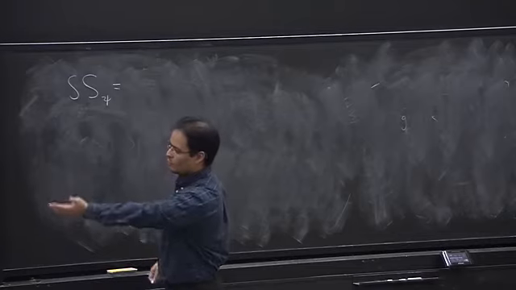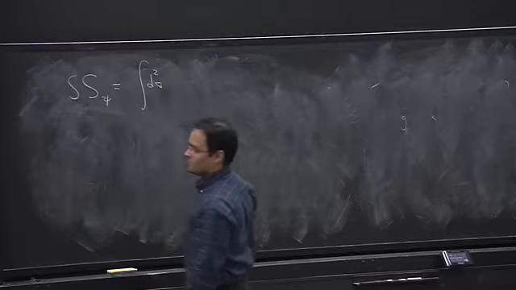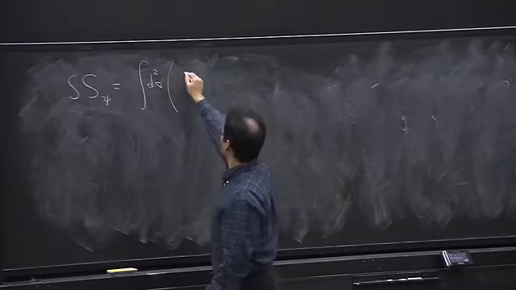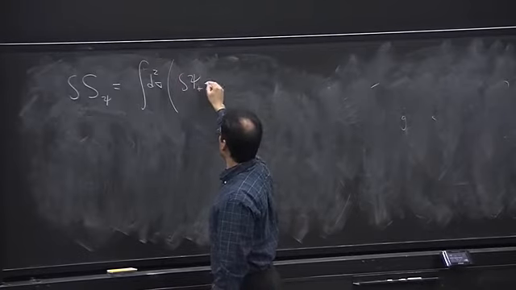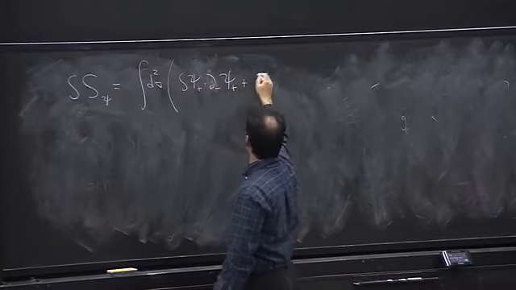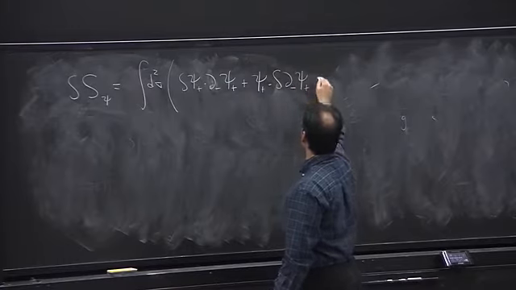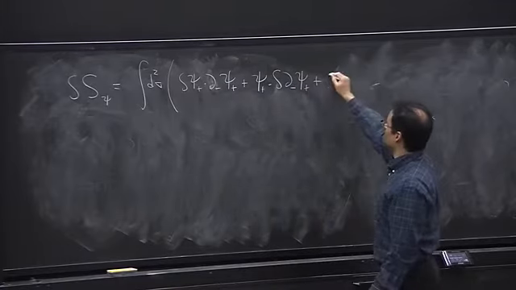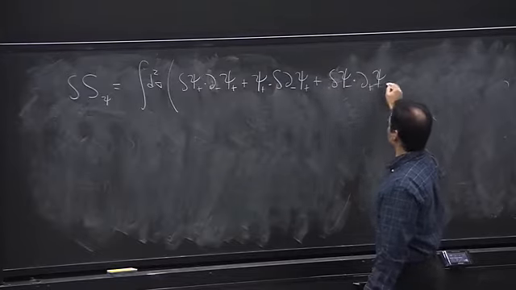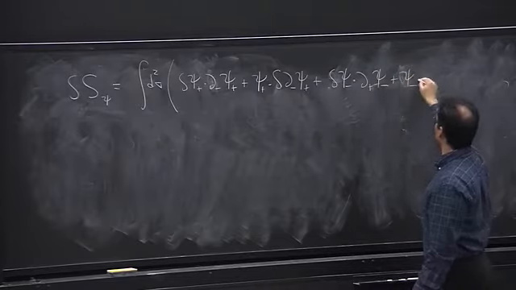Let's not worry about the 1 over 2 pi alpha prime. We have the variation of psi plus, plus psi plus variation of this guy, plus the variation of psi minus.